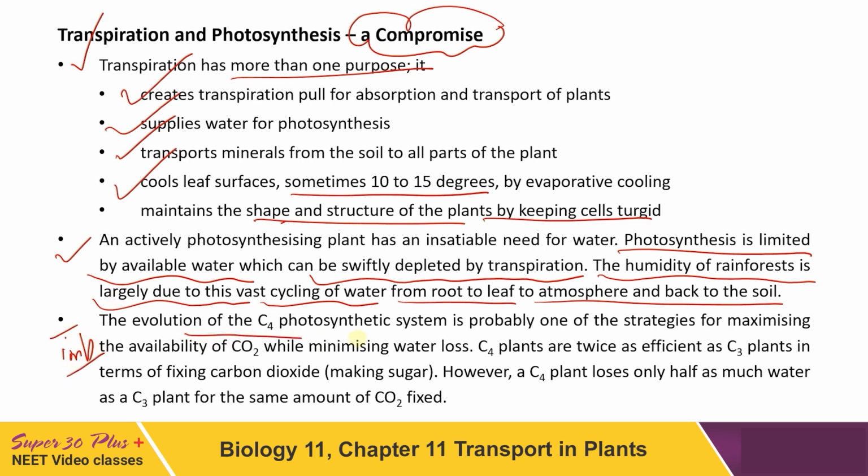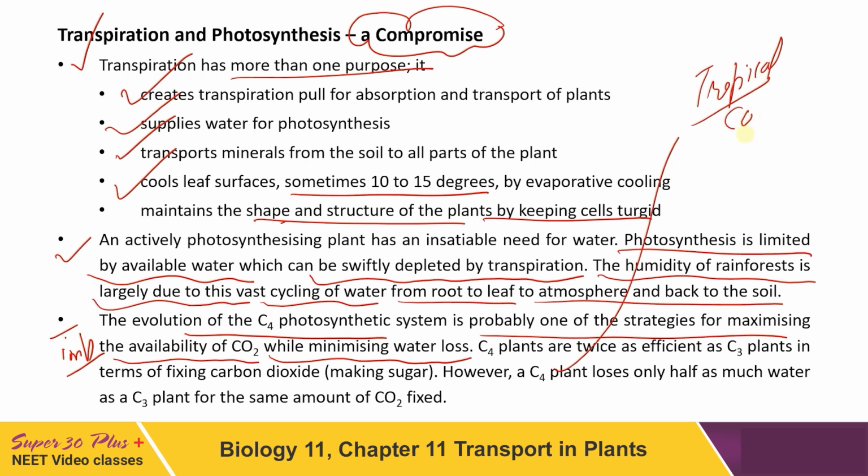Evolution of the C4 photosynthetic system is probably one of the strategies for maximizing availability of carbon dioxide and minimizing water loss. In tropical areas where the rate of transpiration is very high, these C4 plants have become adapted to use a minimum amount of water, because there may be scarcity of water.